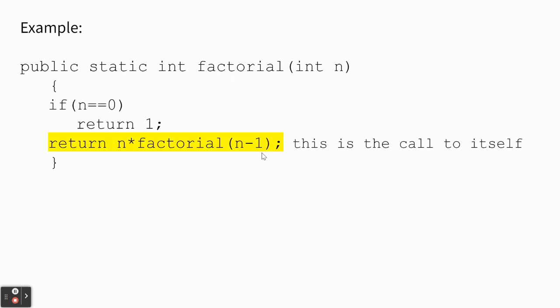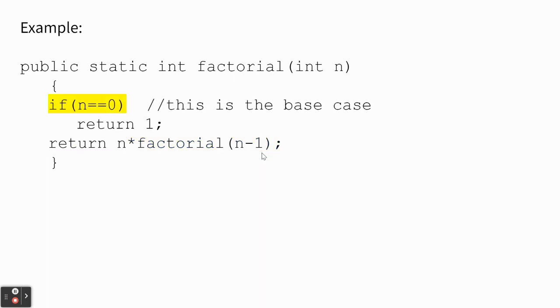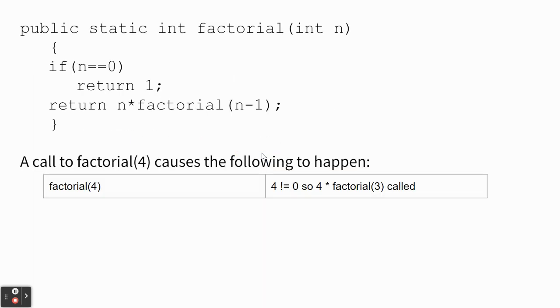It's crazy. This is the call to itself, and that's the base case. There, I highlighted it all nice. So let's walk through this, and this may or may not help. It seems really complicated, but it's not that bad. If we called factorial 4, here's what happens. 4 is not equal to 0, so it's going to call 4 times factorial 3.